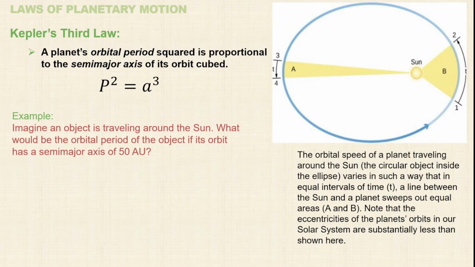It was only discovered 50, 70 years ago, so we haven't seen it go around once. We don't have that observational data. But based on how far it is, based on its semi-major axis, using Kepler's third law, we can theoretically calculate exactly how long Pluto's orbital period is.